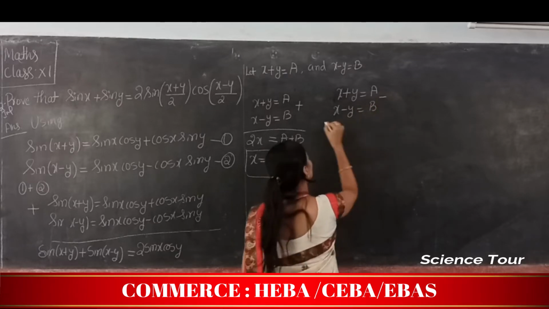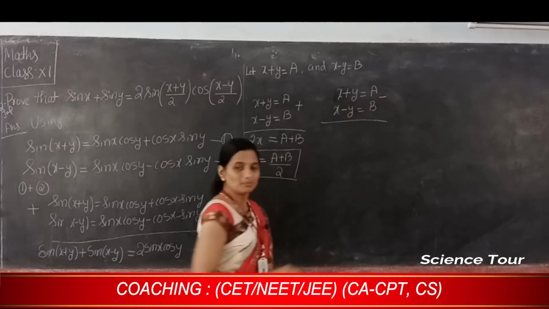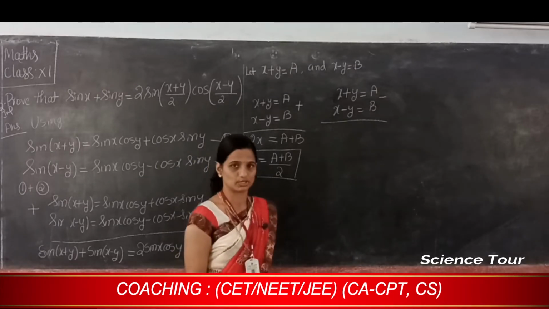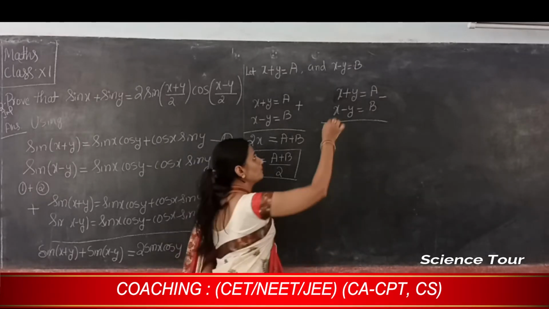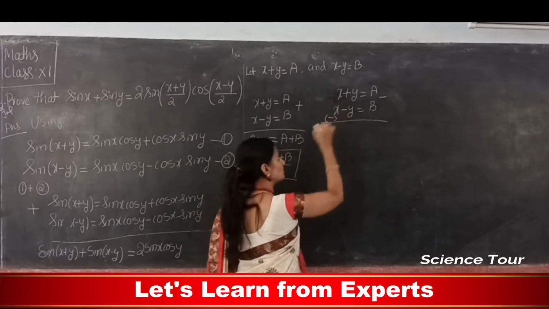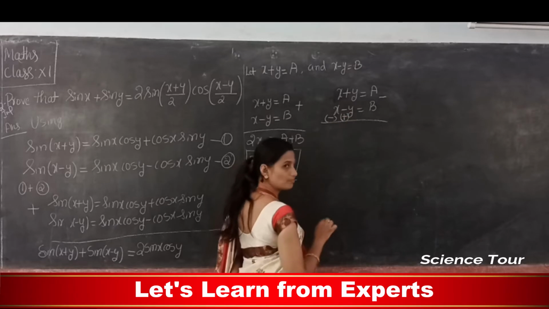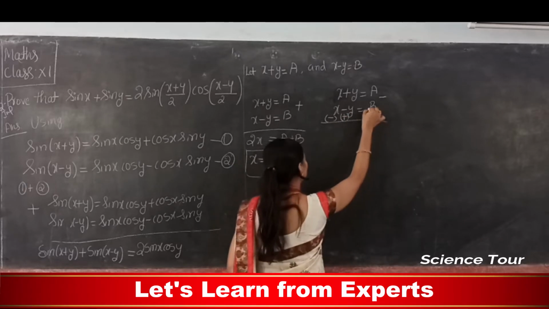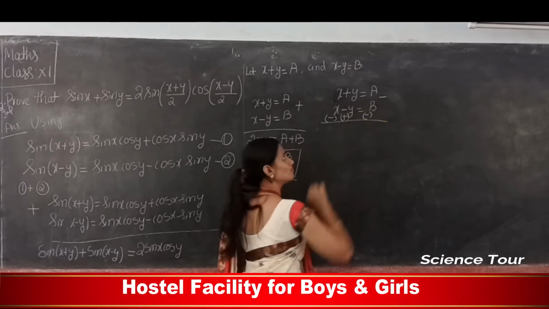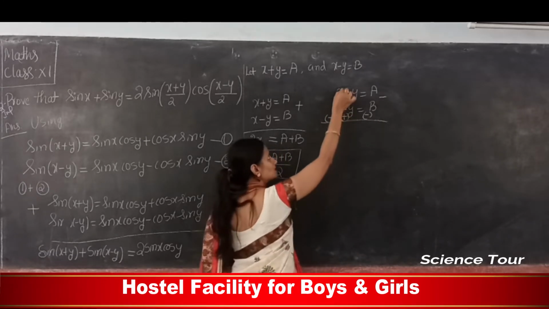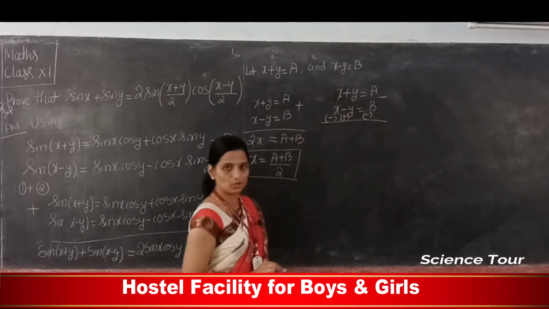Subtraction means changing the sign of the second equation, right? So plus x changes to minus x, minus y changes to plus y, and plus b changes to minus b. So x minus x is cancelled, that is 0.